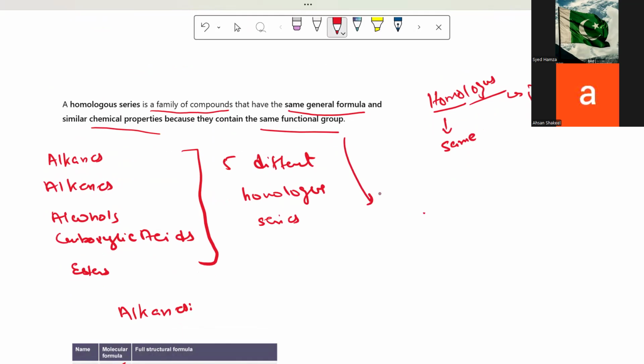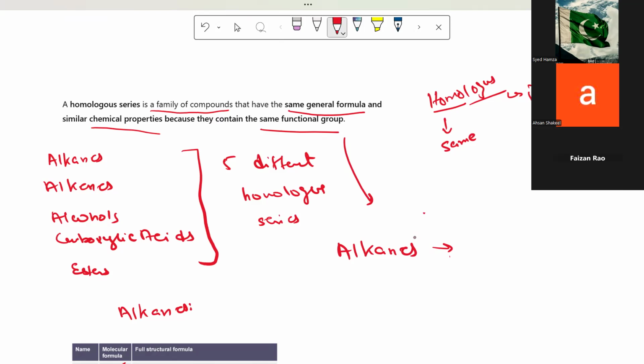For example, the functional group of alkanes tells you how alkanes are going to react with other molecules. This functional group gives the whole idea of chemical properties, because the way a substance reacts is what we call chemical properties.